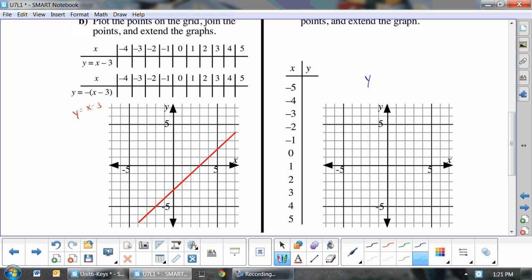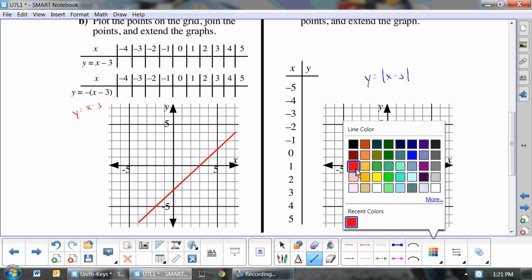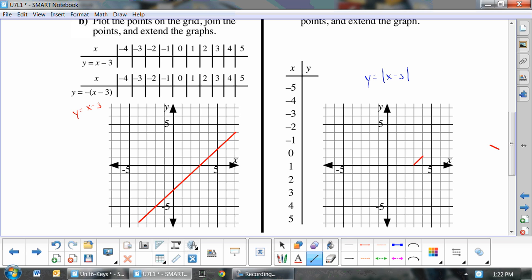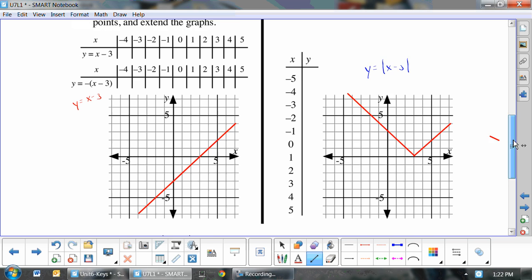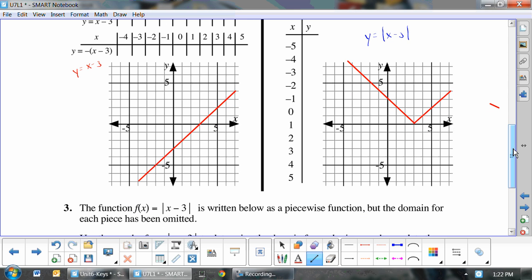So if we were to write y is equal to the absolute value of x minus 3, we know that for all the positive y's, so the positive part of our graph, it's going to stay the same. So it'll still look like this. Okay? But then the negative part of our graph gets reflected in the x-axis. So it looks like this. It's like a backwards check mark.